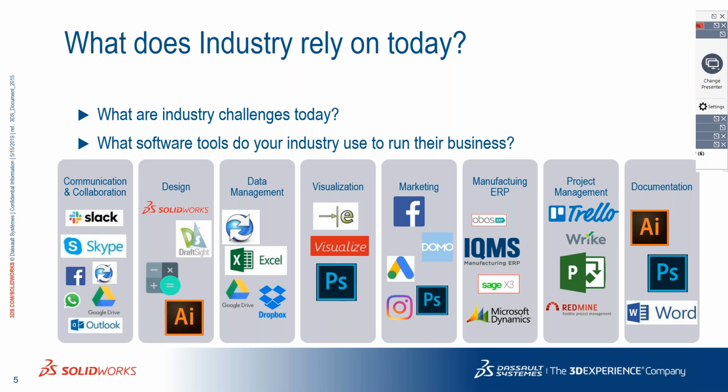For design, they use tools like SolidWorks, DraftSight, and a few other tools as well, especially for data management, visualization, marketing, ERP, manufacturing, resource planning, then project management, documentation. For every stage of the process in an organization, in an industry, they use different applications that combine to give them a solution to their challenges.